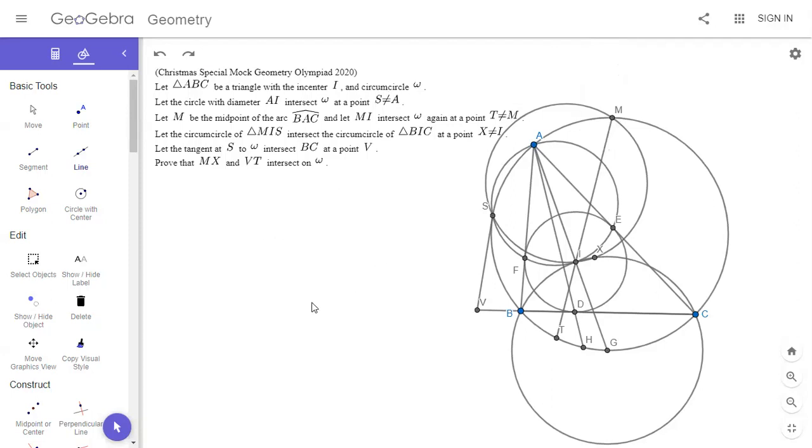Yeah, so that feels like it should be provable, that they meet on the circle.